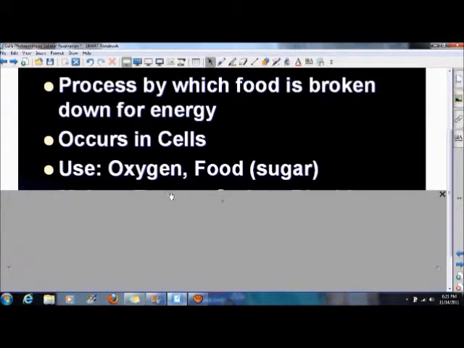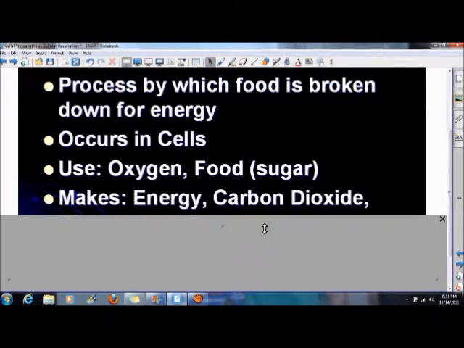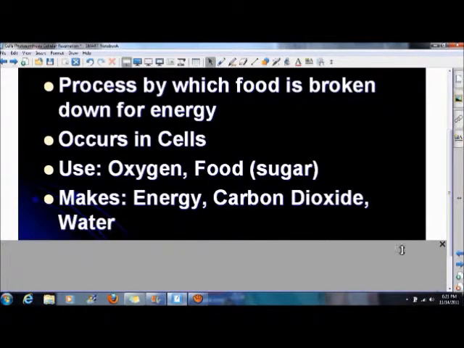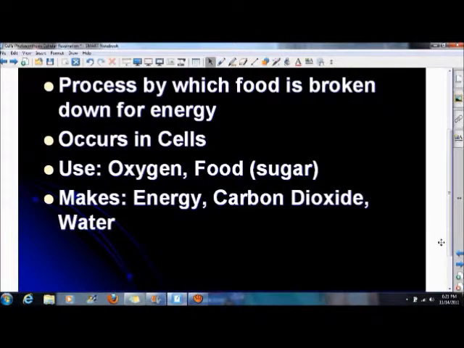We're going to use oxygen and food, both things that we take in. We breathe in oxygen, we eat food. The part of the food we specifically use is the sugar. And we're going to make energy for us to do stuff. We're going to make carbon dioxide, and we're going to make water. Again, this happens in our cells, inside of all of us.